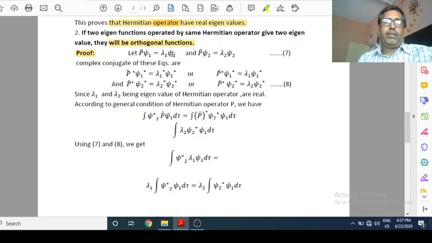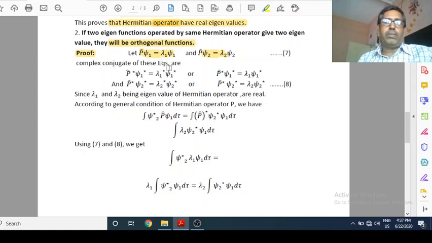Let P psi 1 is equal to lambda 1 psi 1 and P psi 2 is equal to lambda 2 psi 2. As you saw in the first property, similarly we will proceed. We take the complex conjugate of this one and this one.